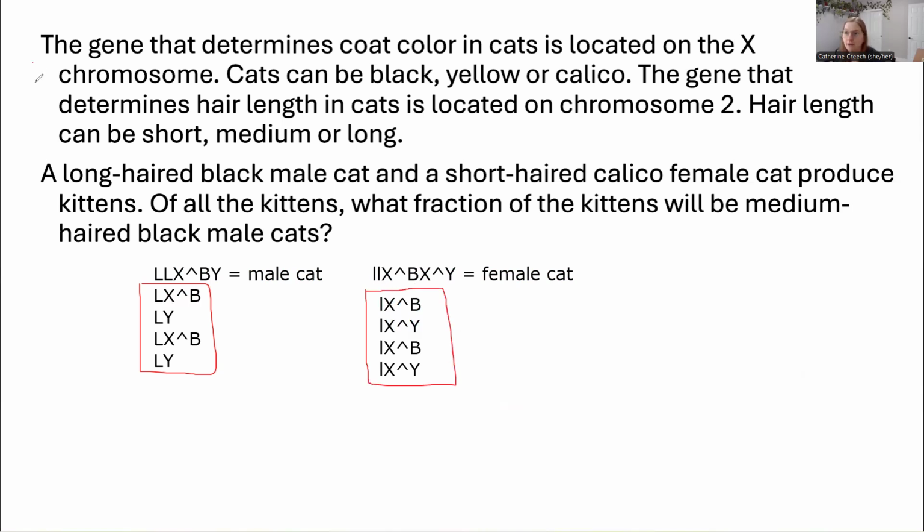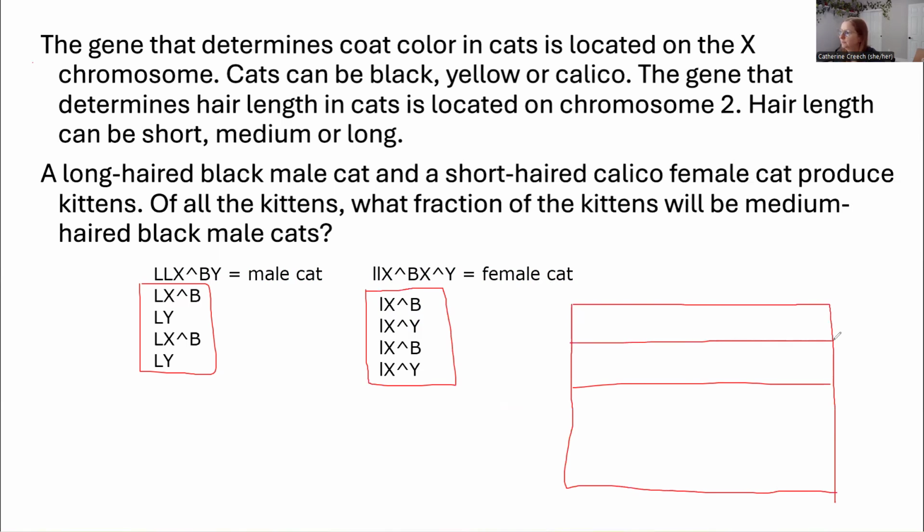Now to do a dihybrid cross, you would take those 4 gametes and you would line them up on top of a double stacked Punnett square. So you'd have 4 rows and 4 columns. And you would fill in, so this is short fur for mom, X with the big B, short fur, X with the yellow fur.